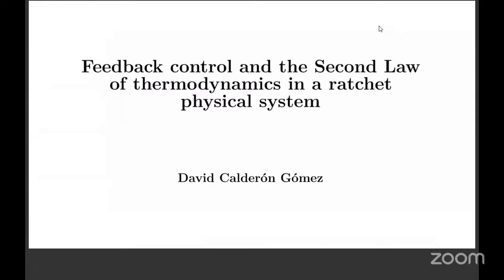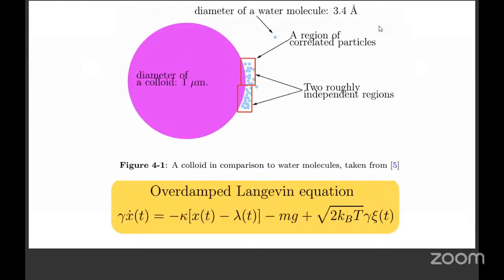Okay. Hello, thank you for being here. Today I will show you what I did in my undergraduate thesis, and it's very close in spirit to the work of Jose Daniel, who was my advisor. So, I would like to begin with an experiment. Suppose that you have a colloidal particle, and that particle is subjected to random forces because of the collisions with the water molecules.